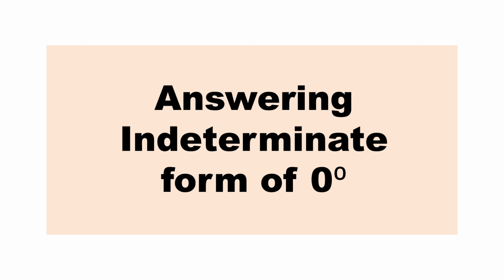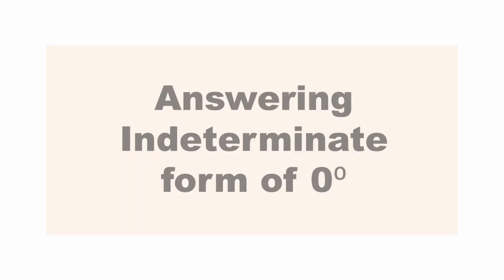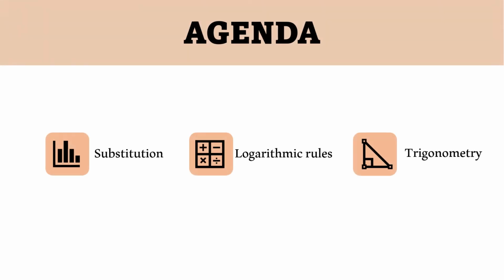In today's video, we are going to teach you how to answer the indeterminate form of 0 raised to 0. Our agenda is to solve the indeterminate form of 0 raised to 0 by using these steps. First is to get the value of the limit of the given function by substituting the approaching value.